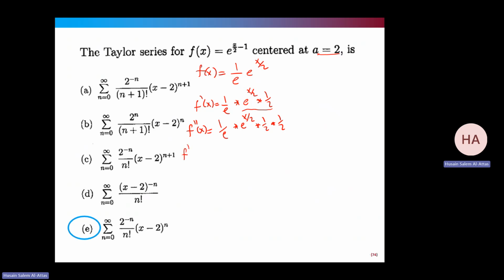Third derivative, now the pattern is clear: e to the power x over 2 times half times half times another half. So the nth derivative, which is what I want, will be 1 over e times e to the power x over 2 times half to the power n.